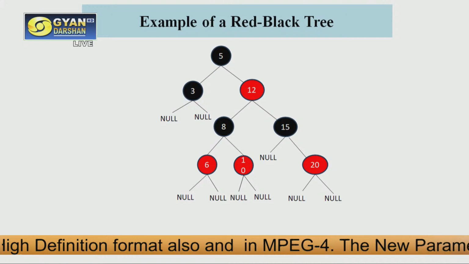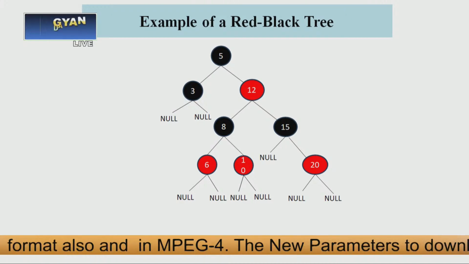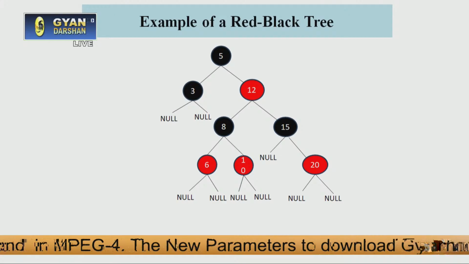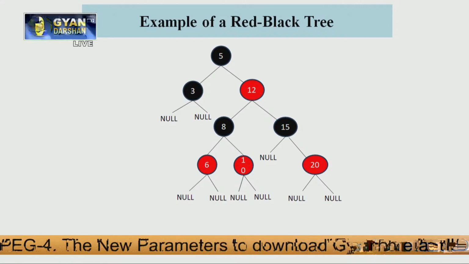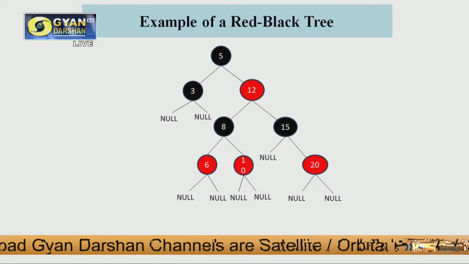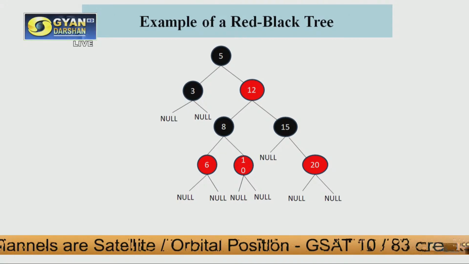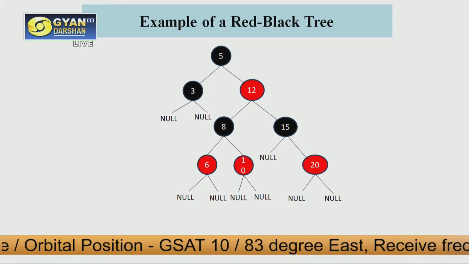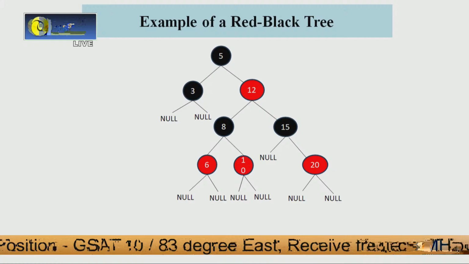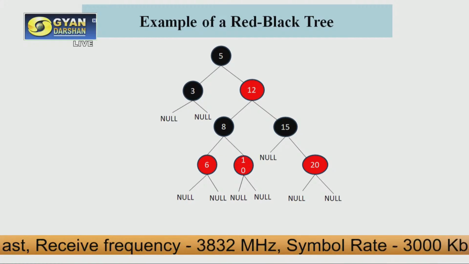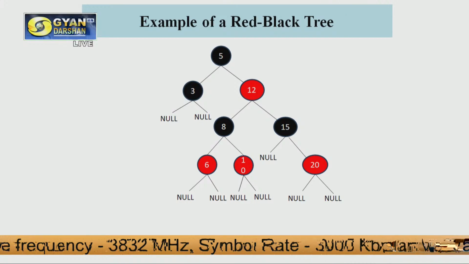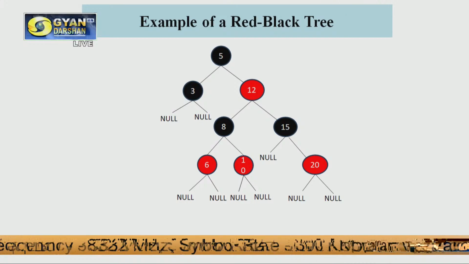This example also satisfies the BST property, the binary search tree property. How? We can see that all nodes have smaller elements toward the left subtree and greater values toward the right subtree. For example, at the root we have 5, toward its left subtree we have only 3, which is smaller, and toward its right we have 6 elements, all greater than 5.